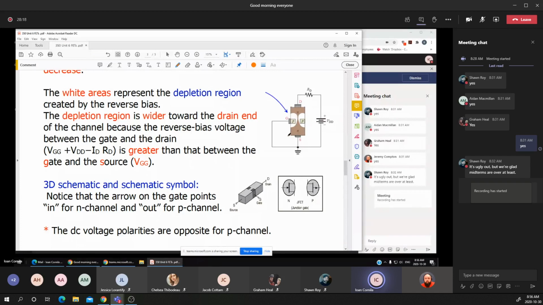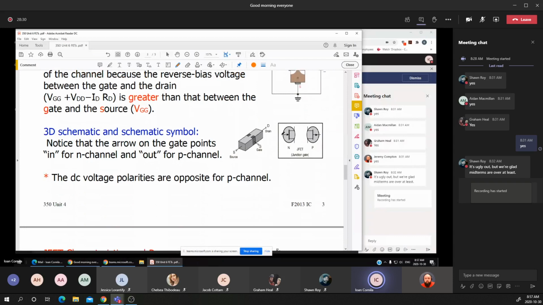Basically, it's the same semiconductor, the N-type or the P-type, which is called the N channel or the P channel of an FET.